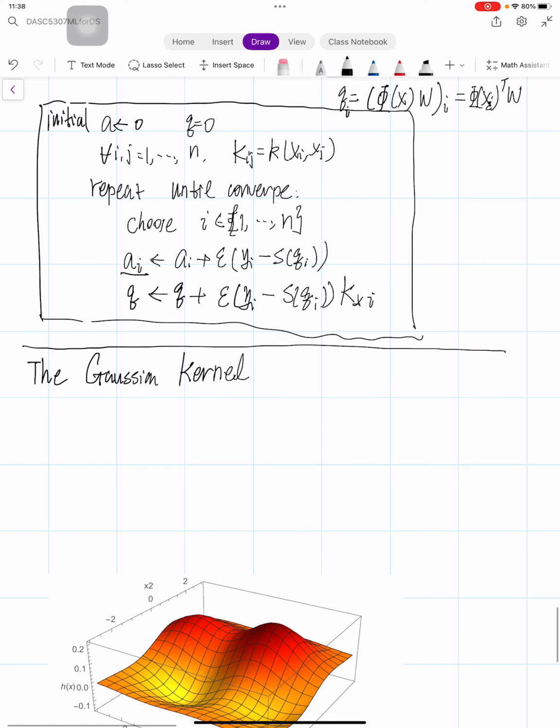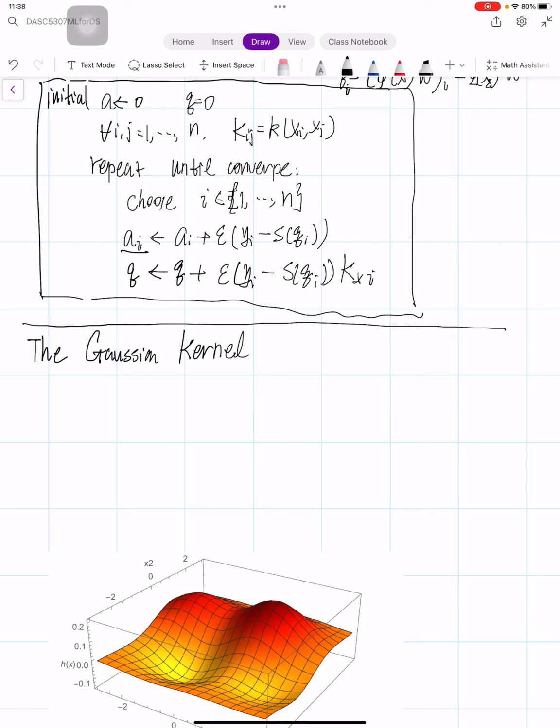Okay, polynomial kernels give D polynomial transformation.